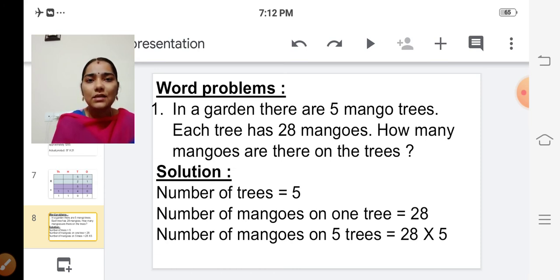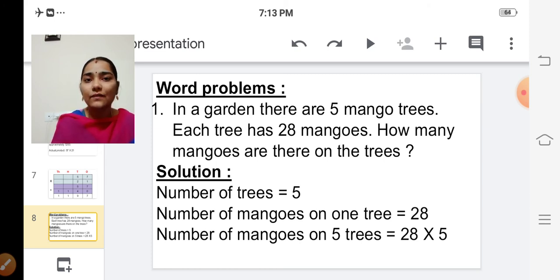Number of trees is equal to 5. Number of mangoes on one tree is equal to 28. So these are all given data. What are we going to find out? We are going to find out the number of mangoes on 5 trees.